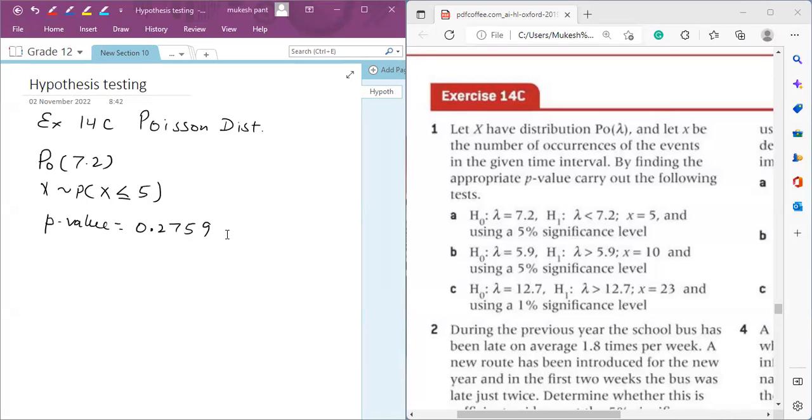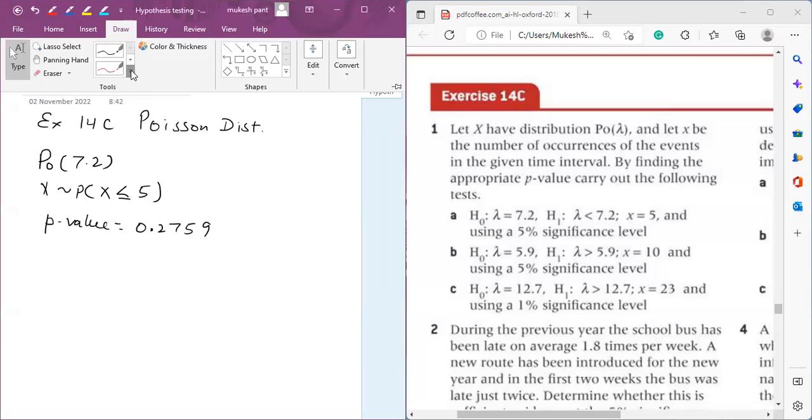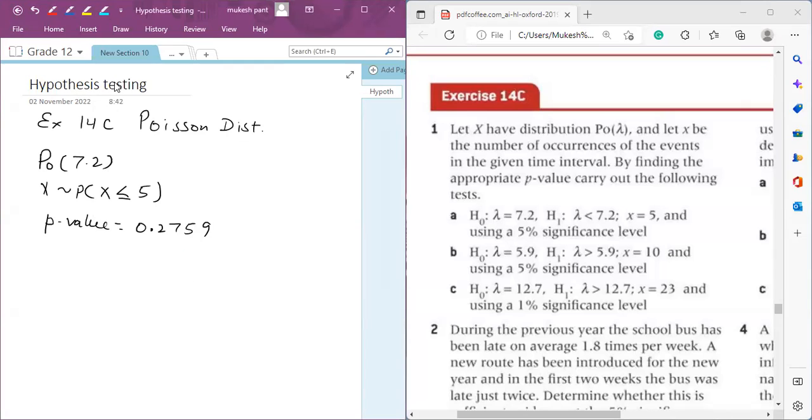Now, our p-value is 0.2759. And what is the significance level? The significance level is 5%, right? Here I'm writing significance level alpha is 5%. Converting 5% into probability, 5/100, that is 0.05, right?